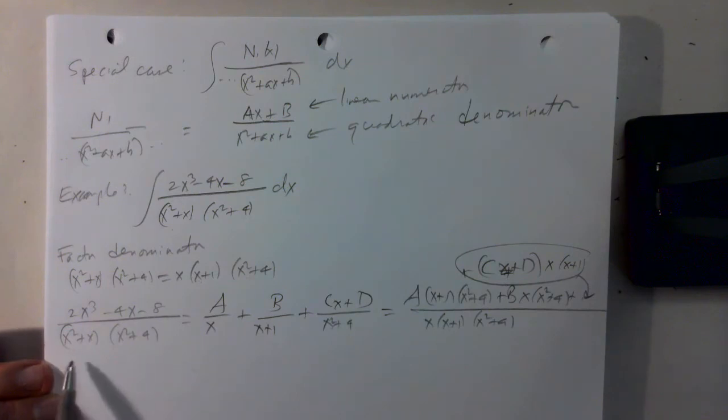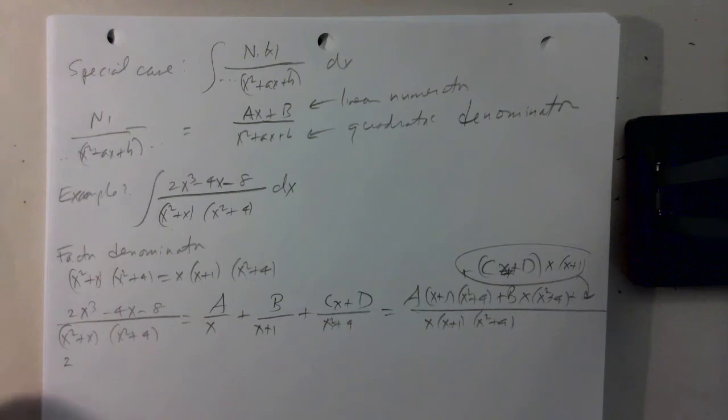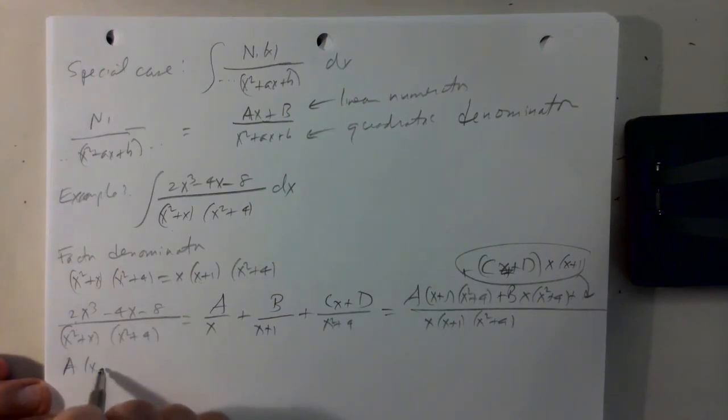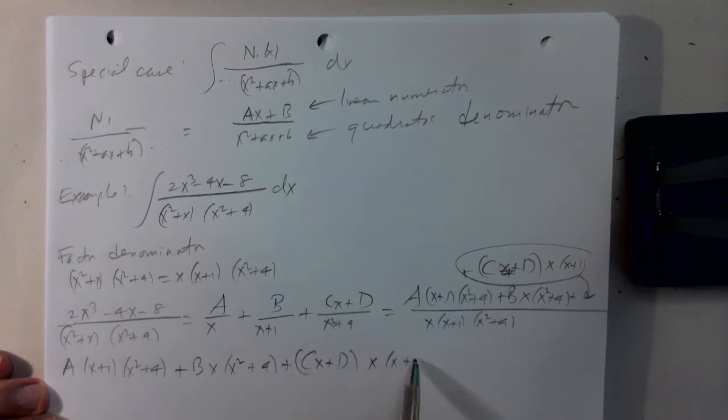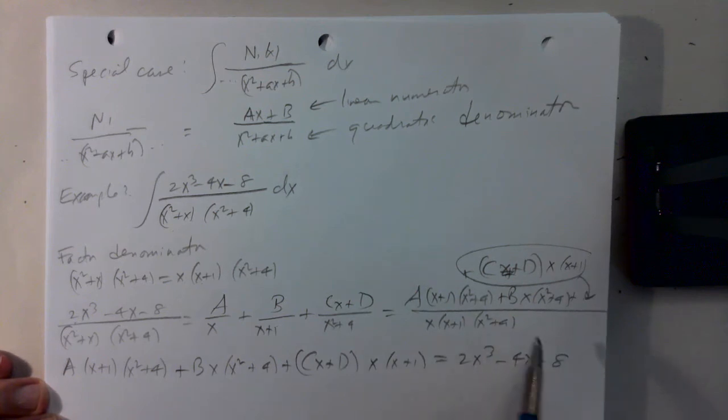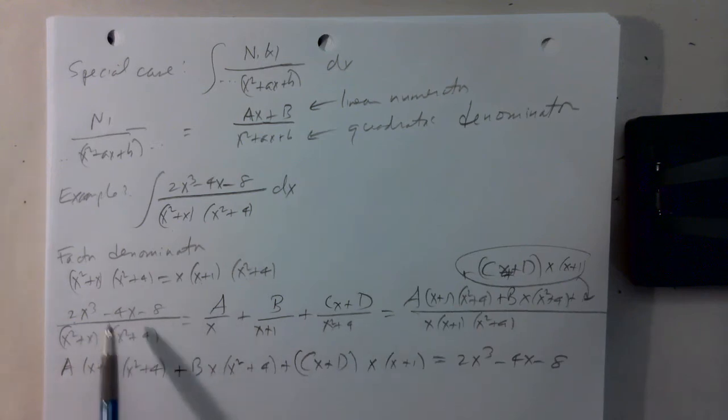So equating the numerators, we have a(x plus 1)(x squared plus 4) plus bx(x squared plus 4) plus (cx plus d)x(x plus 1) equals 2x cubed minus 4x minus 8. This numerator has to equal this numerator because the denominators are the same.